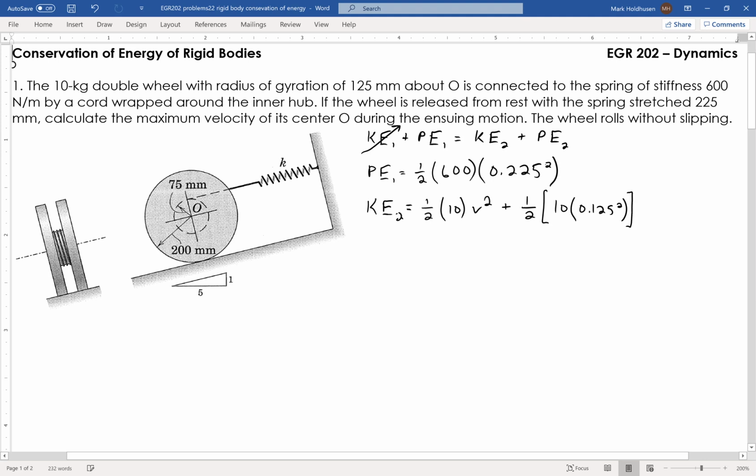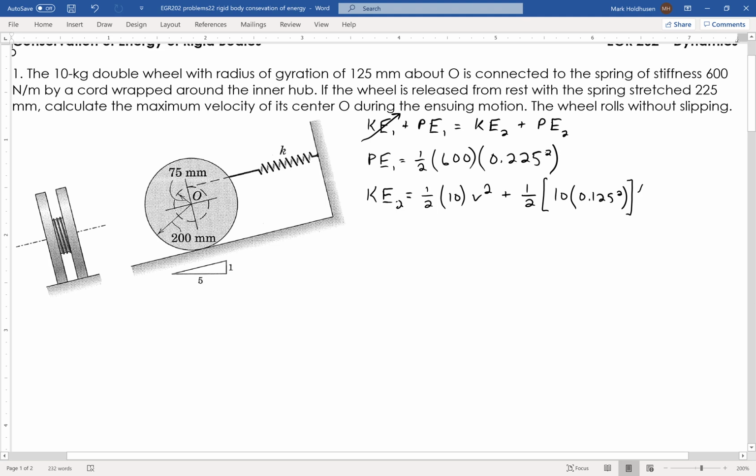Omega I want in terms of velocity, because that's what I'm trying to calculate, the maximum velocity. So omega is v over the radius, because the wheel rolls without slipping, 0.2. That is the kinetic energy of this wheel as it rolls.